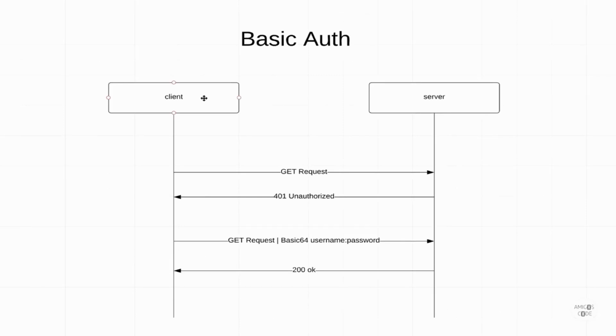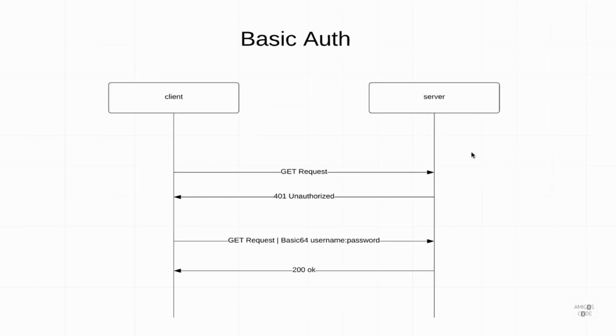So what the client does is the client sends a request, right? So let's say that a client wants to view some data and then sends a request. Well, with basic auth, if you just send a request, you will get a 401 status code, meaning unauthorized, from the server.